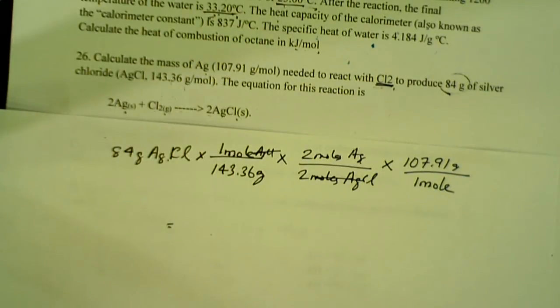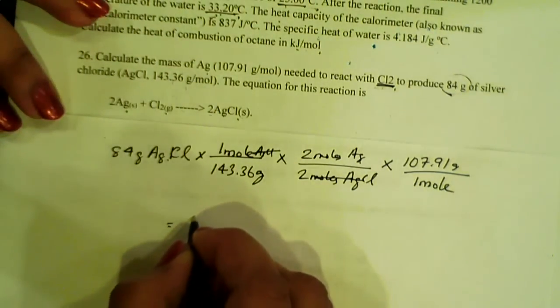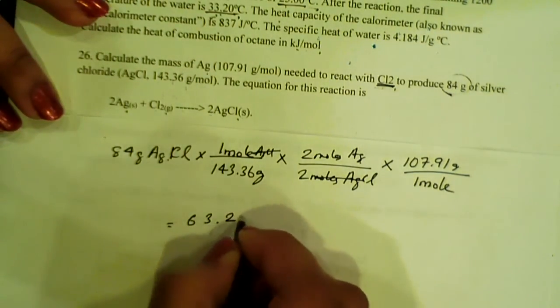The moles of AgCl cancel out, and then you will end up with moles of silver. And to get the mass of silver, multiply with the atomic mass, which is 107.91 gram per mole.